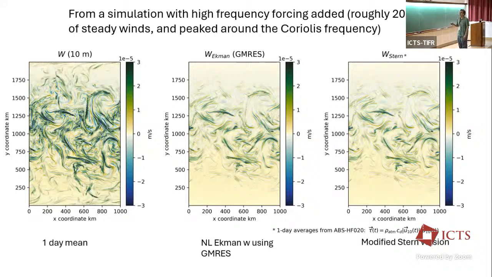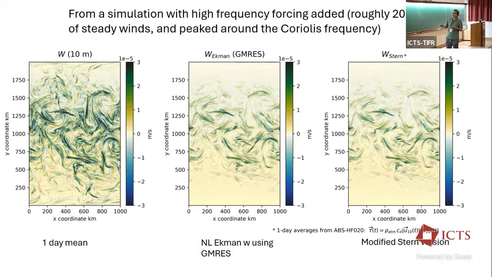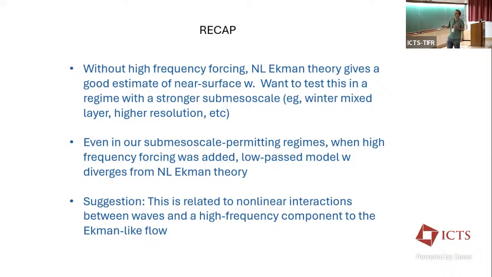I'll recap and say where I want to go with this, but unfortunately I haven't gotten there. So I'll outline a couple of next steps. I think I said, without high frequency forcing, the nonlinear Ekman theory does pretty well, right?